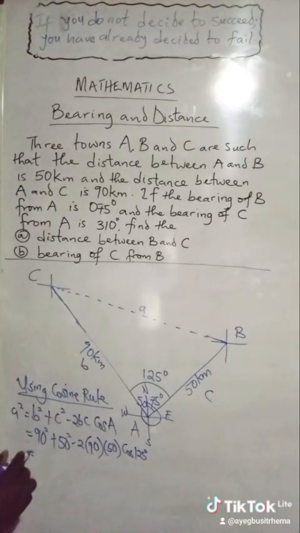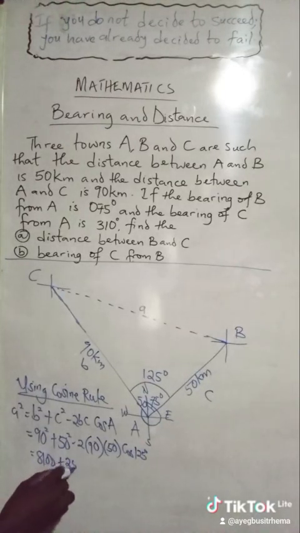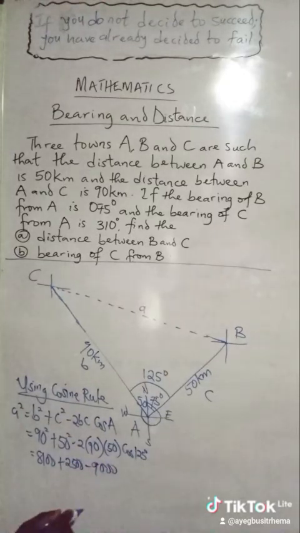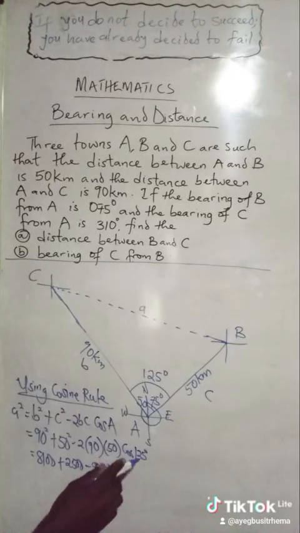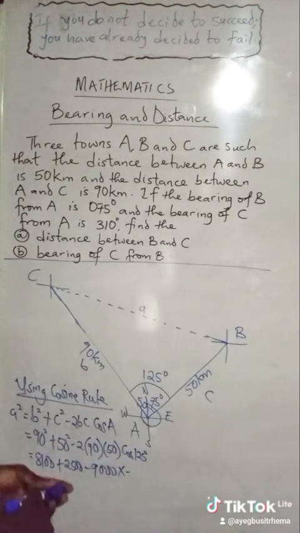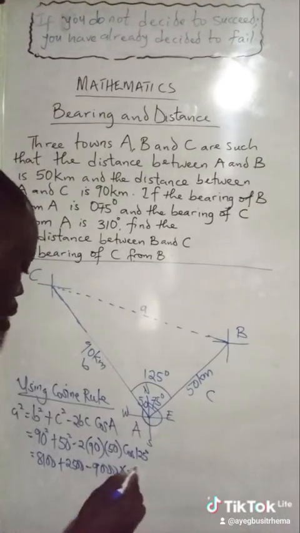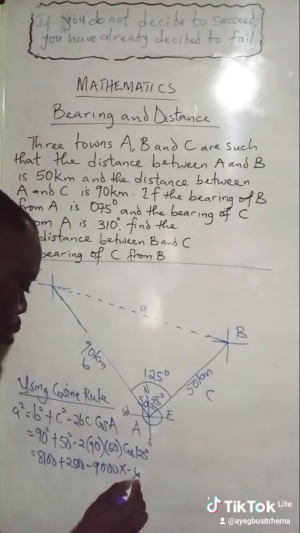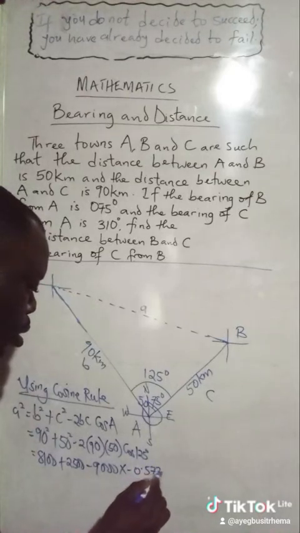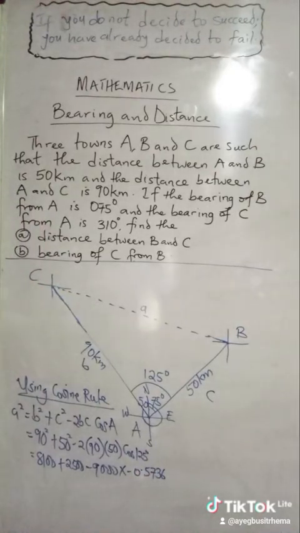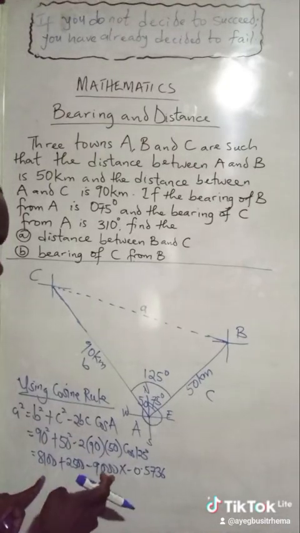This 90 squared, that's 8,100, plus 50 squared, 2,500, minus 9,000 multiplied by, this was minus, let me check. And of course, cos 125 degrees was minus 0.5736.